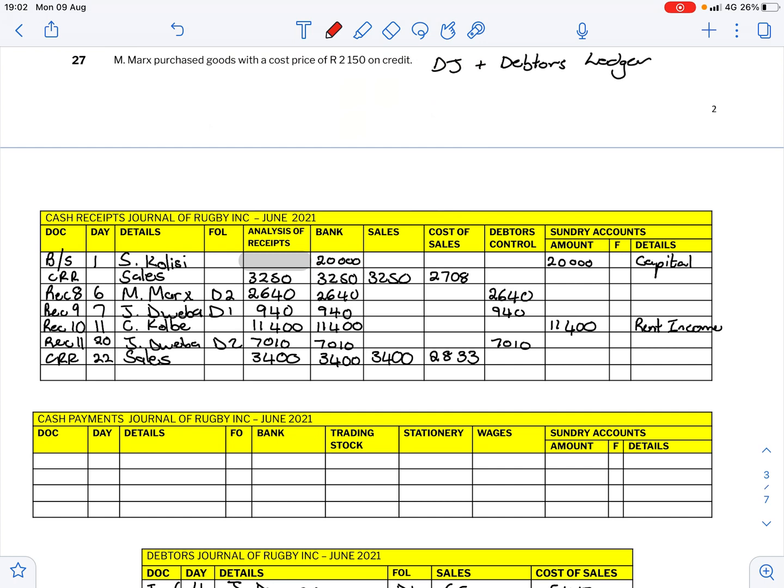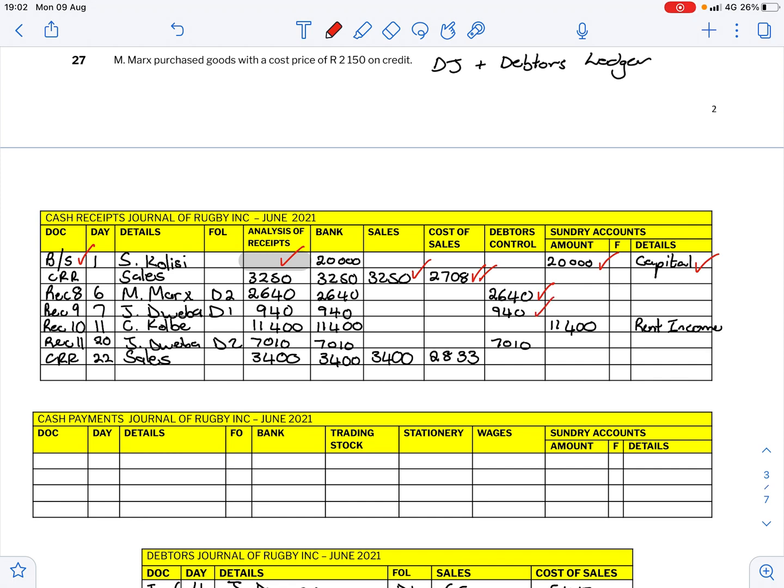The marks in the CRJ come from 1 mark for our bank statement. We leave analysis blank, 20,000 and capital. Okay, we then have 1 mark next to sales, 2 marks for 2,708 Rand under cost of sales because we had to work that figure out.